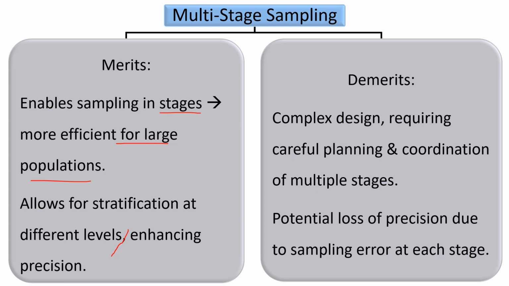The design is complex because there are stages, so it requires careful planning and coordination of multiple stages. The other is potential loss of precision due to sampling error at each stage. If we make an error, there may be a loss of precision due to sampling error at each stage.